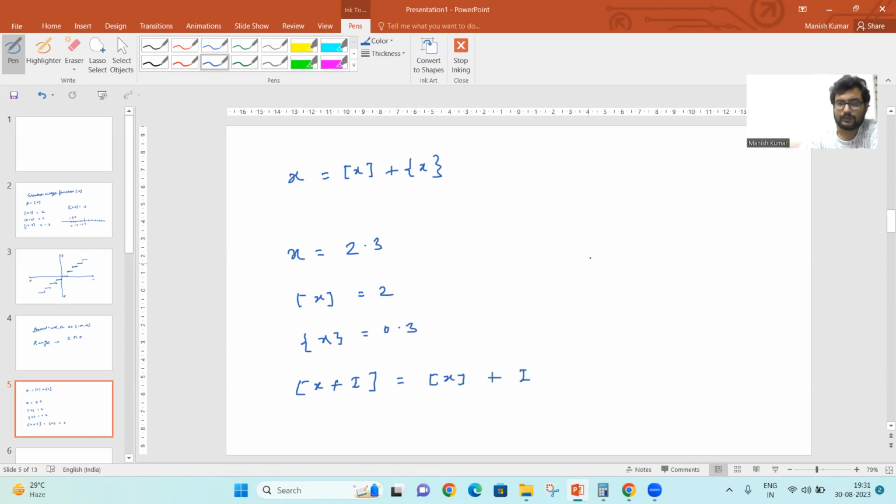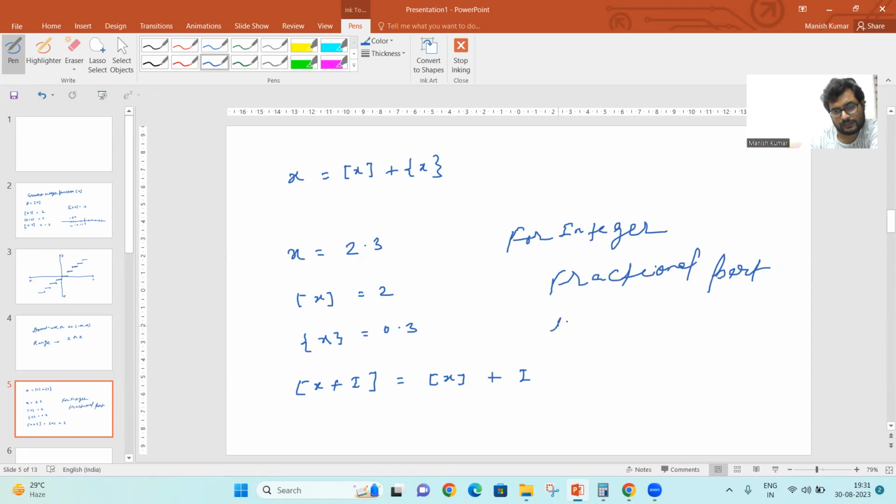For an integer, the fractional part is 0. Okay. So it is like this. Separately, its fractional part is 0, then it will come like this.